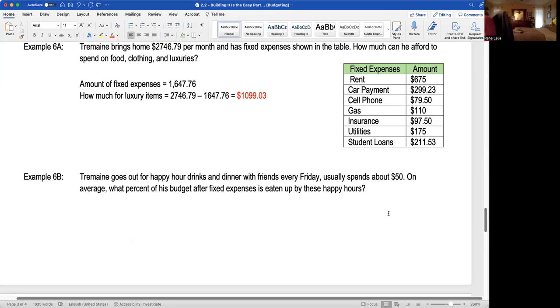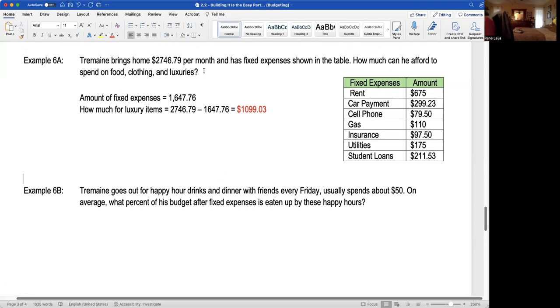Now, this one's kind of tricky because it just says he goes out every Friday, but it didn't say per month, per year, whatever. So we have to go back to 6A. We were looking at his monthly expenses. So his luxury amount is $1,099.03 per month.